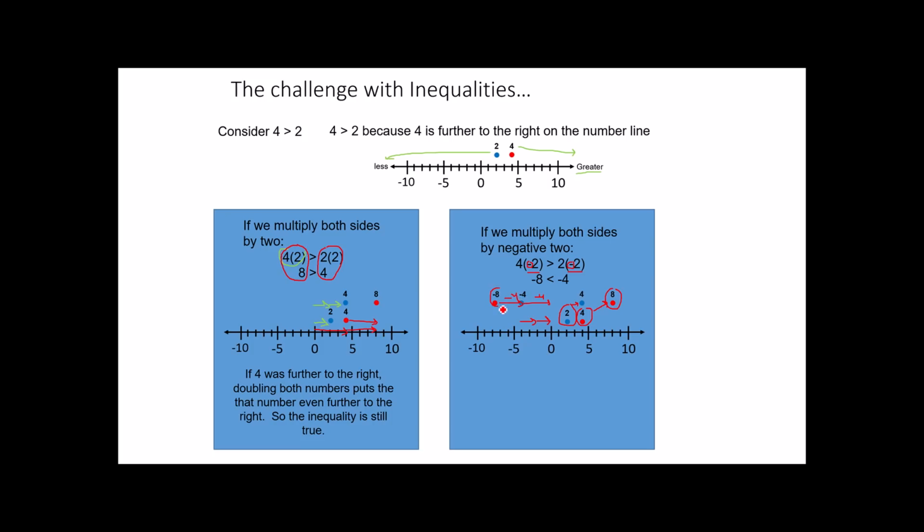You see, the negative 8 is still further from the 0 than the negative 4 is. Just like over here, 8 was further to the right than the 4 was, the negative 8 is still further, and we've still gone twice. But when we insert that negative sign in, we've changed the direction we're moving on the number line.